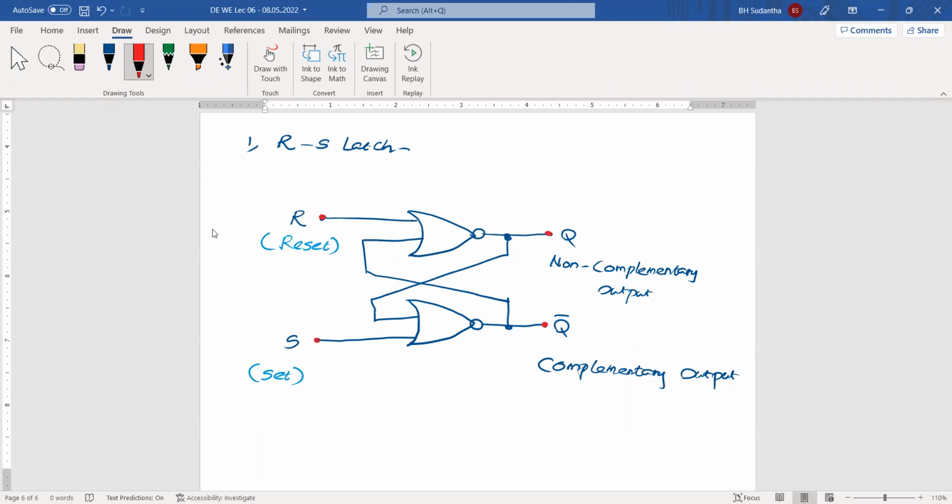You can see here, with these sequential circuits, there is a feedback from output to input. This is the difference between the sequential circuit and the combinational circuit.